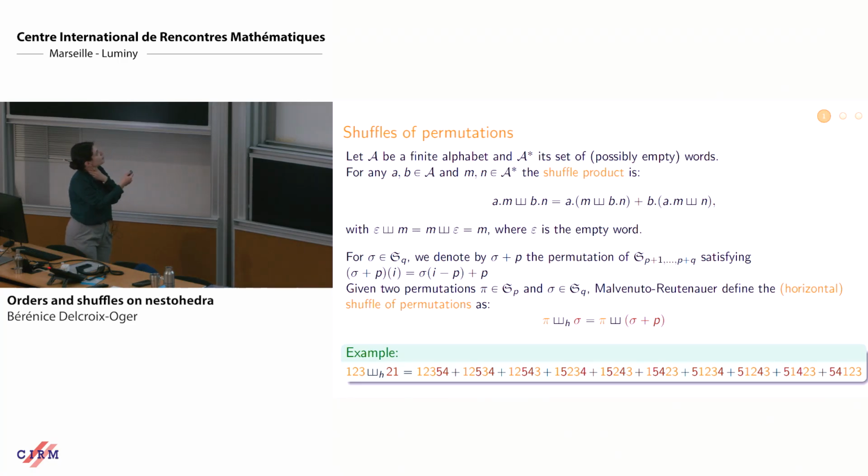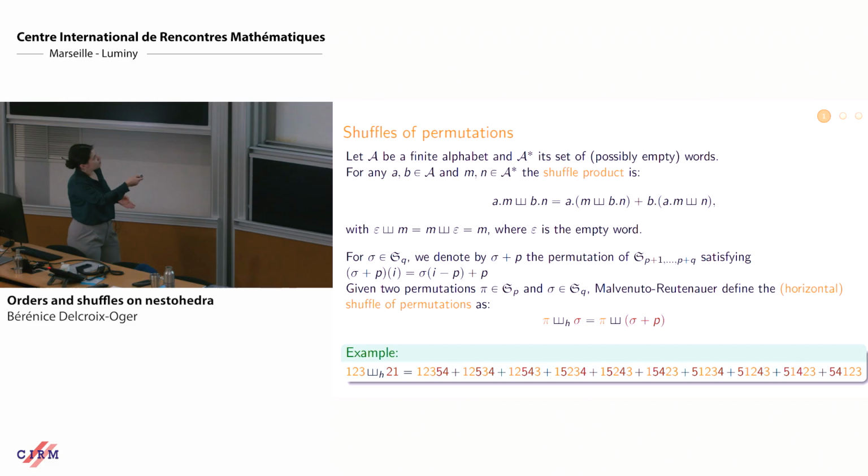We start with an alphabet, and we can define words on the alphabet, and on words we can define this product, which is the shuffle product, defined by choosing first the letter of the word on the left or the first letter of the word on the right. And so there are two choices.